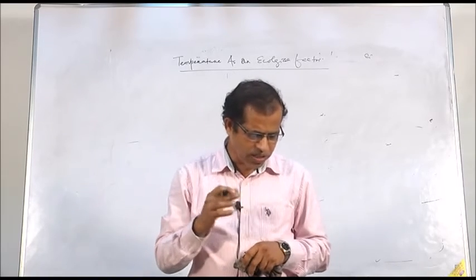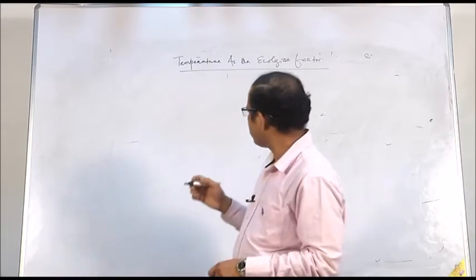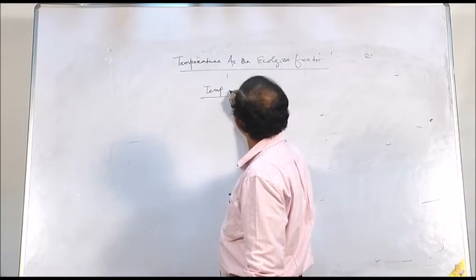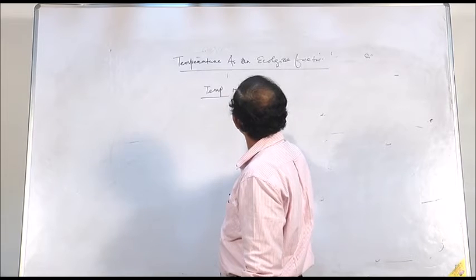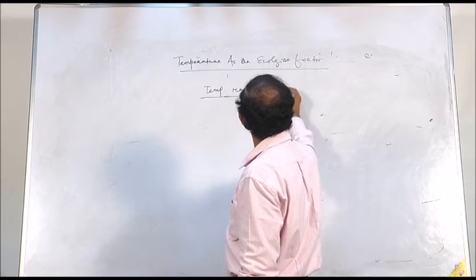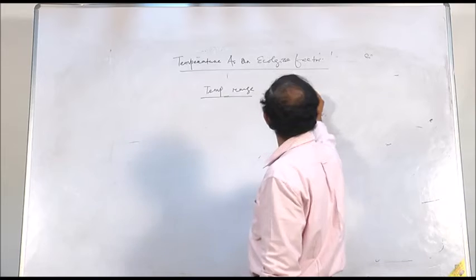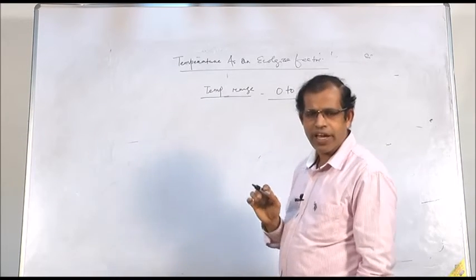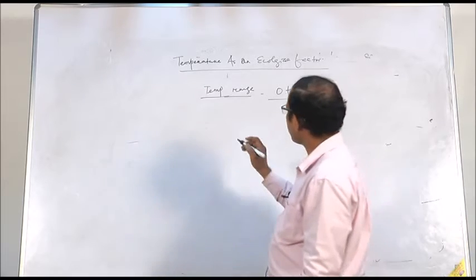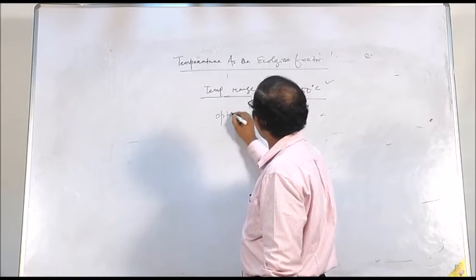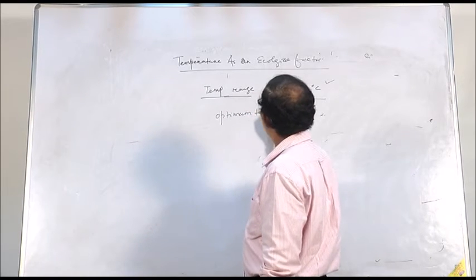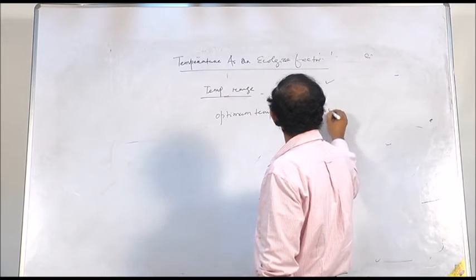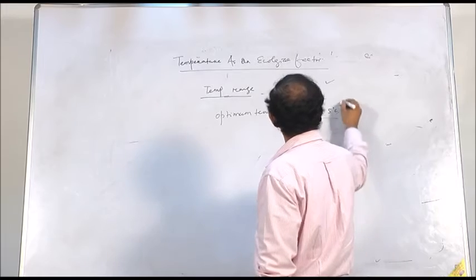Now the temperature has a range, a very wide range, 0 to 50 degrees centigrade. But the optimum temperature is 25 degrees centigrade, plus or minus 5 degrees.